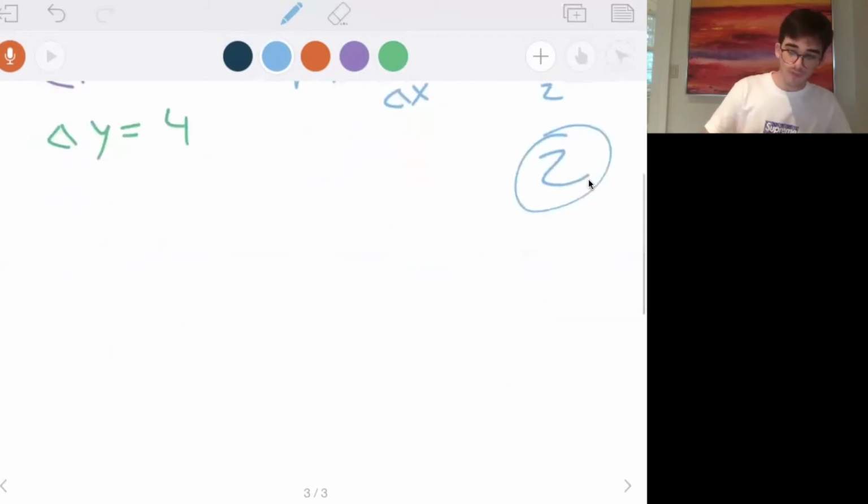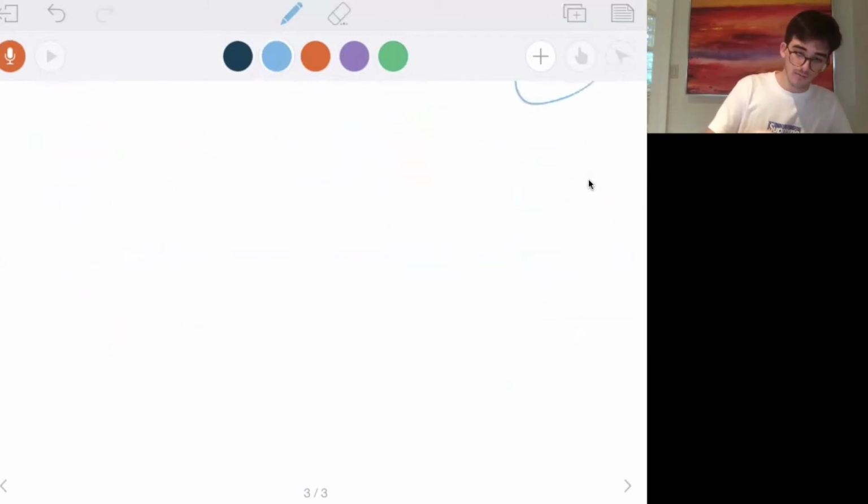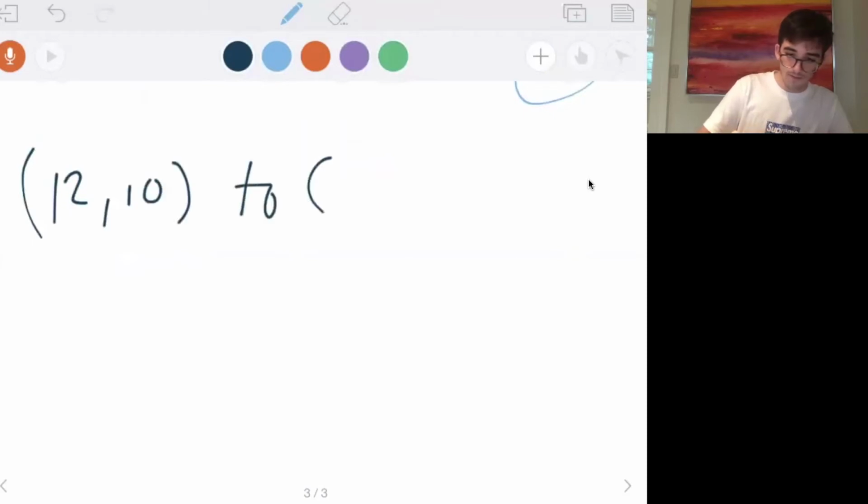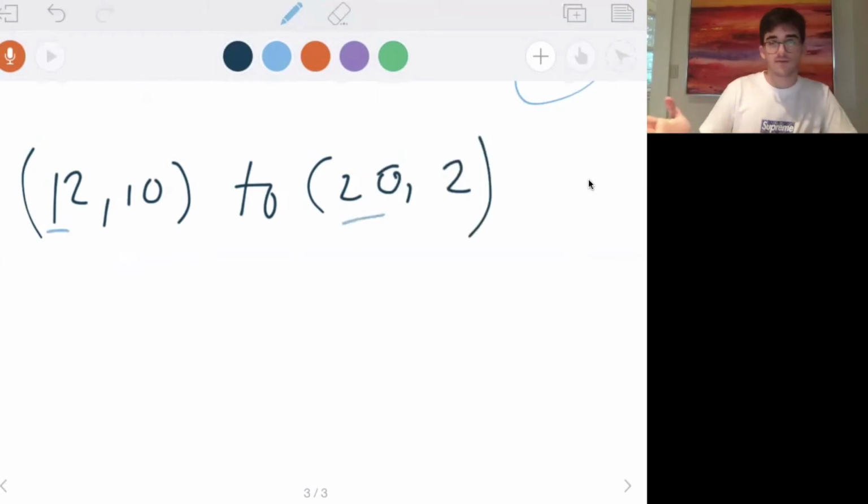Let's do another one. Let's go from 12, 10 to 20, 2. All right, here's what we have. Same as before, we'll start with the x's or y's, it doesn't really matter. Change in x is going to be from 12 to 20.